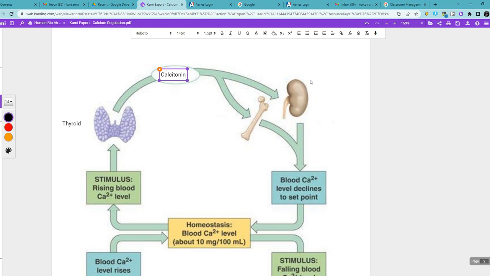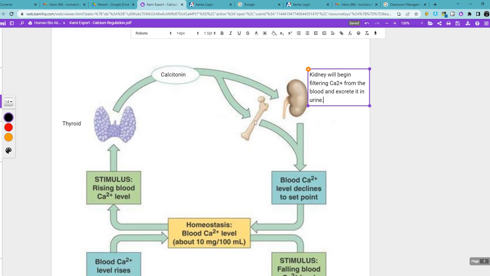The elevated levels of calcium in the blood cause the thyroid to secrete calcitonin, and that's going to cause the kidney to begin filtering Ca2+ from the blood and excrete it in urine. So we'll start removing that Ca2+ from the blood and release it as urine.